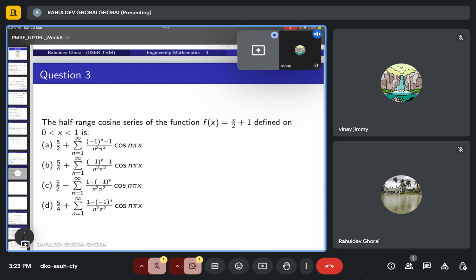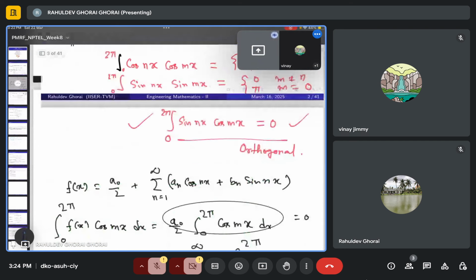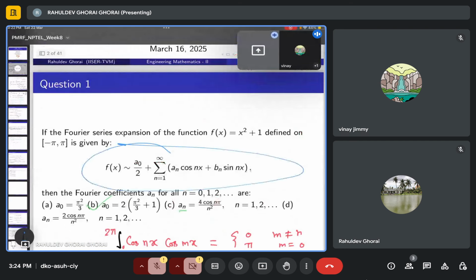What was our usual formula for the Fourier series? It was a_0 over 2 plus summation over n equal to 1 to infinity, like I showed already. This is the usual formula; for any function, you can think of it as a_0 over 2 plus a_n cos nx plus b_n sin nx.